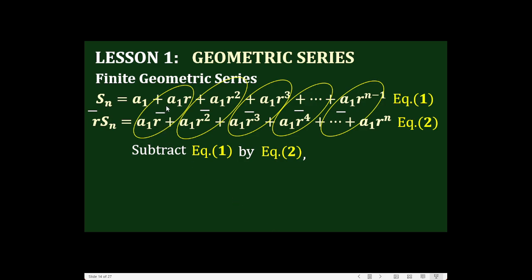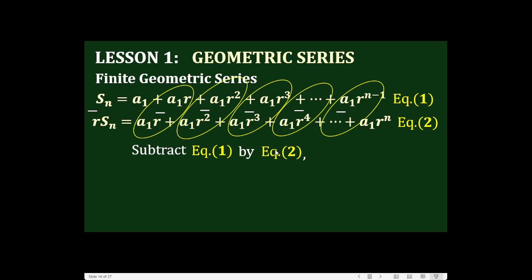Now, you will notice that if we subtract a sub 1r by a sub 1r from equation 2, the result becomes 0. Similarly, the other three pairs being encircled also become 0.